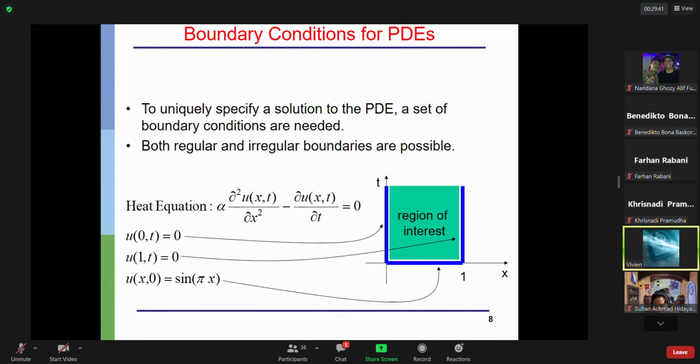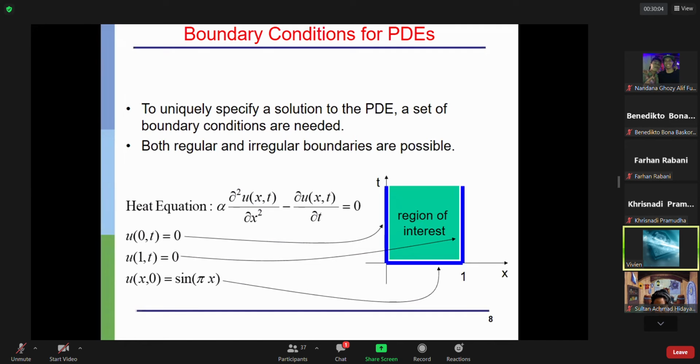Okay, so here we will learn the elliptic problem first. But before that, we will look at the requirement for a PDE. If we want to have a solution to a PDE, which is a partial differential equation, it means that we need boundary conditions.